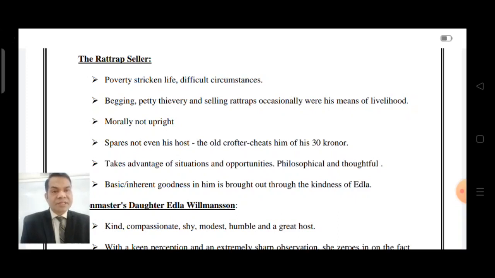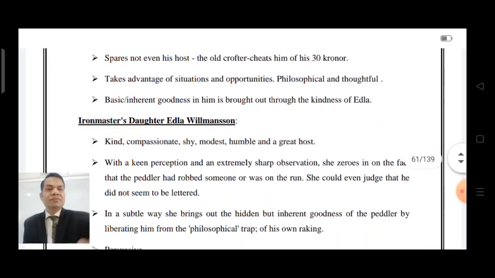Morally not upright, he spares not even his host, the old crofter, and cheats him of his 30 kroner. He takes advantage of situations and opportunities. He is philosophical and thoughtful, with basic inherent goodness in him brought out through the kindness of Edla.